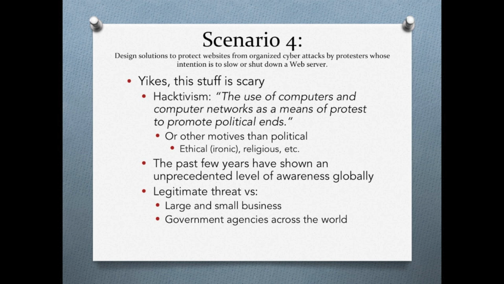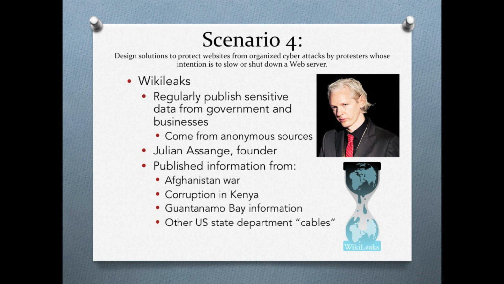They really do. So the first thing I want to look at is a group called WikiLeaks, and this isn't exactly dealing with the scenario itself, but it does get into it in a roundabout way, and I need to cover it because this becomes very important in another scenario that'll be coming up on what's called data loss prevention. With WikiLeaks, they're a little bit different than some of the other groups that you had seen, and they have been very popular in the past few years.